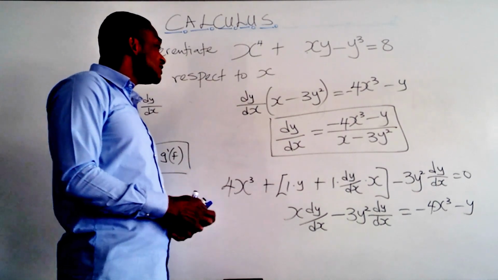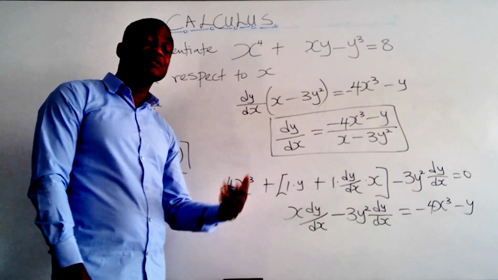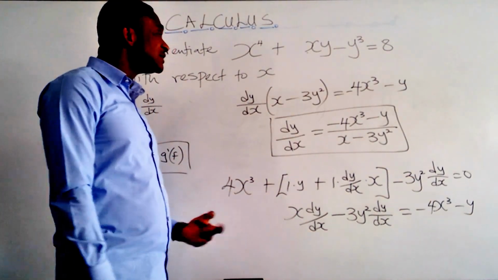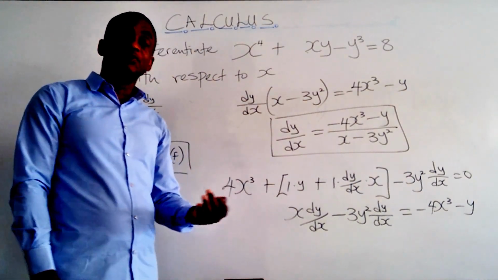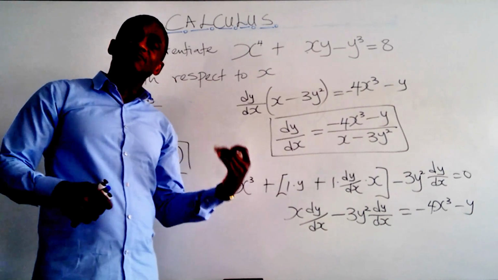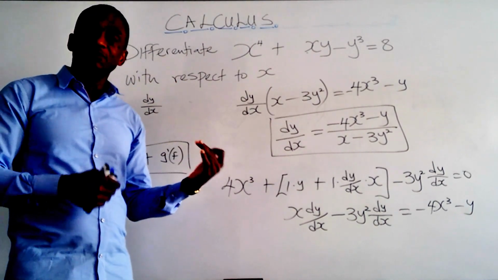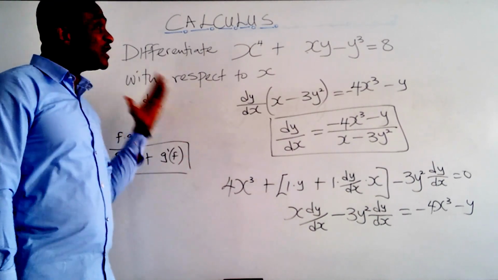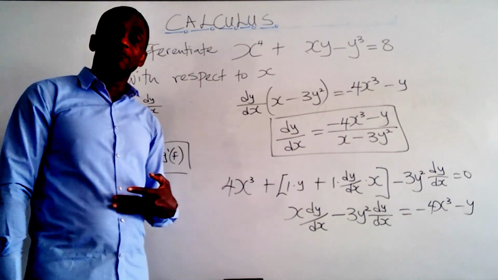Remember, under the implicit function, you can get your product rule, it can be quotient rule, it can be anything that can pop in. Before you get to this level, you must have gone through quotient rule, product rule, chain rule, and the rest of them. But if you cannot simplify and make y stand alone as the subject of the formula, then you have to use the implicit differentiation approach.